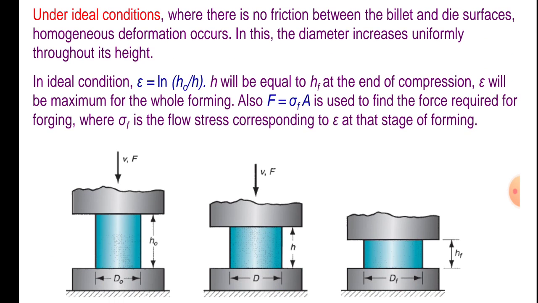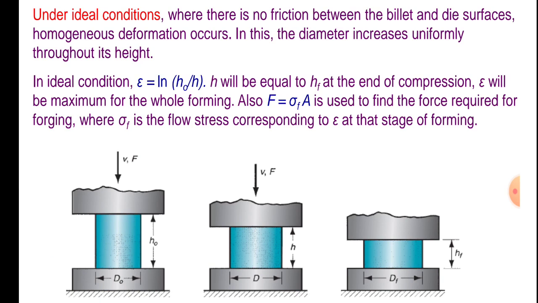In ideal condition, we will see the formula: sigma is equal to log of (H0 divided by H), where H is equal to HF at the end of the compression.